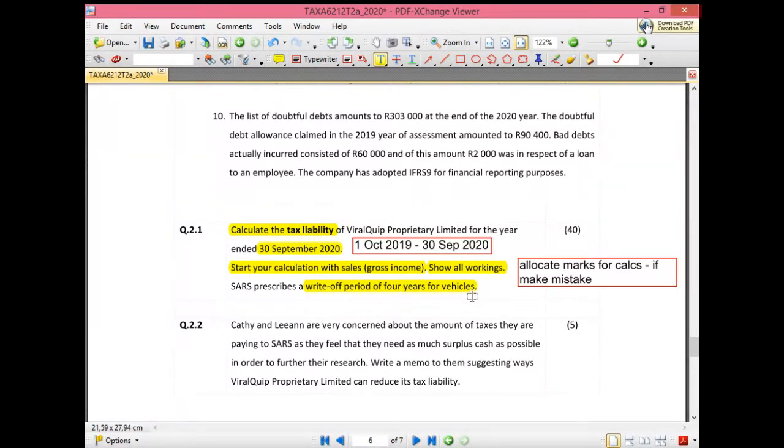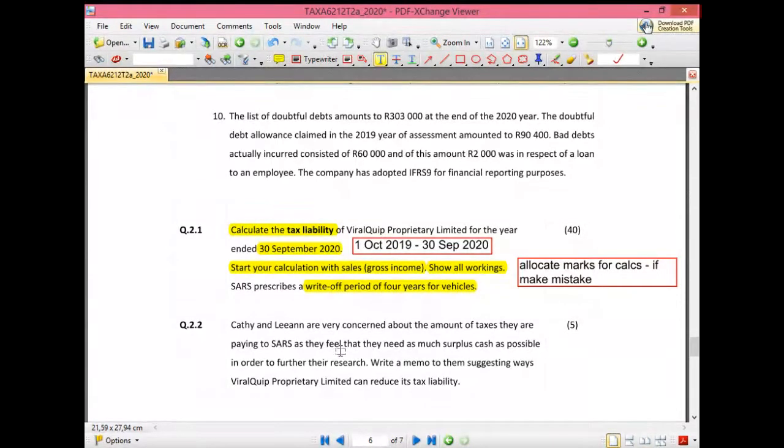For this test, it's only up to Learning Unit 5, so this would not necessarily be included in your question. They can, however, give you the amount and you just need to include it. For example, your taxable portion of capital gains, they can give you the value and you include it based on the format, but they won't require you to do the calculation as yet.